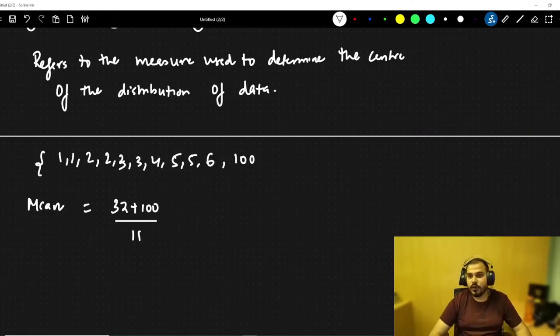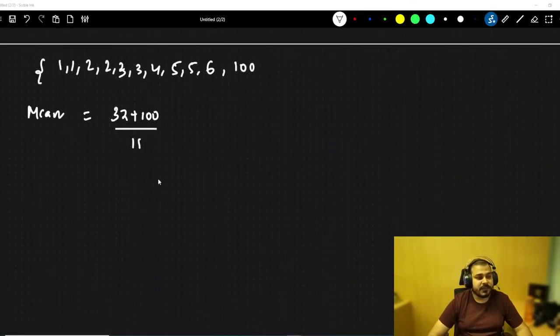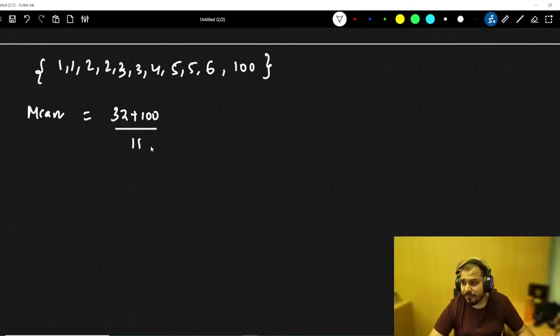I hope you understood where 32 is coming from, because 32 is the sum of all the numbers we have taken previously, plus 100, which is the new element that is added, and we are just going to divide by 11.